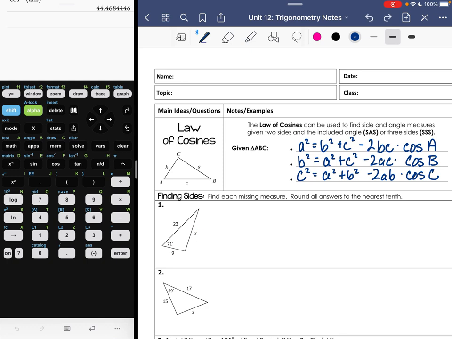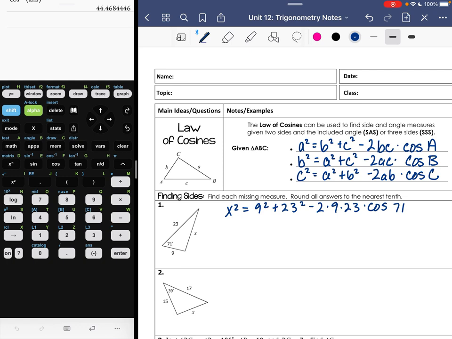So what we would set up is x squared equals 9 squared plus 23 squared minus 2 times 9 times 23 times the cosine of 71. So all of our information from that triangle go into the formula to the right because what we're trying to find is just x on the left.